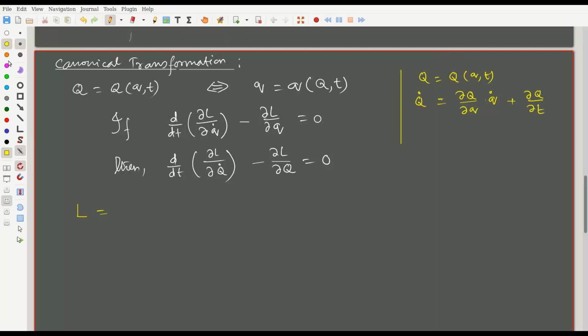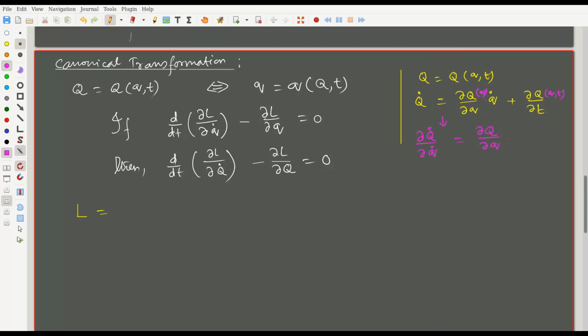Now remember these Q's are functions of q and t only. So in the next step, if you try to find ∂Q̇/∂q̇, it is ∂Q/∂q.